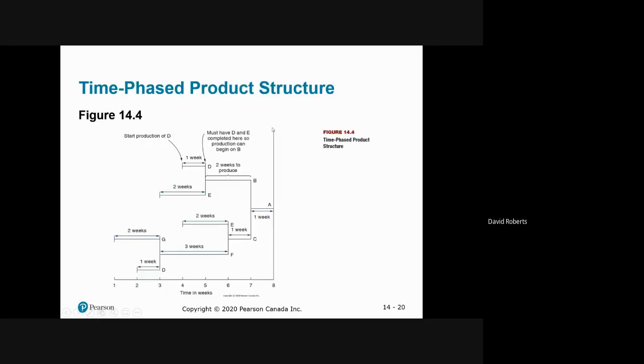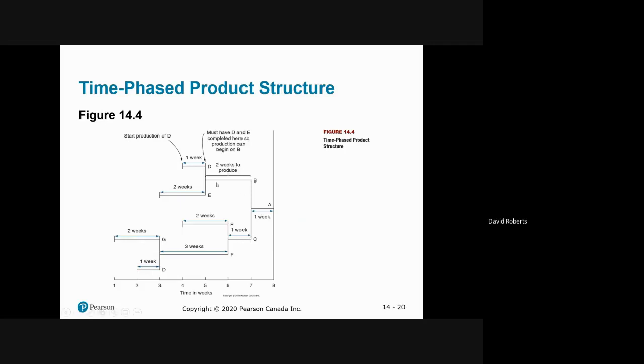Time phase diagram. What you do is you put, and I've always viewed this as turning the bill of materials on its side and applying time. So item A takes a week. You need it for week 8. So you need B and C at the start of week 7.